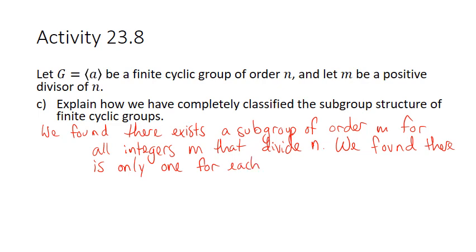There's only one of these subgroups for each integer M that divides N, and we found there are no other subgroups. So that was like a thorough assessment of all the subgroups.